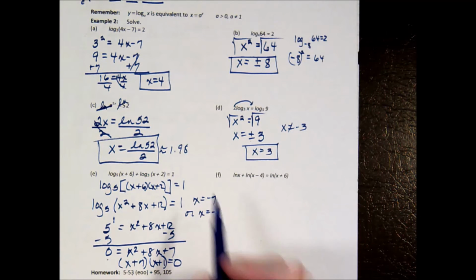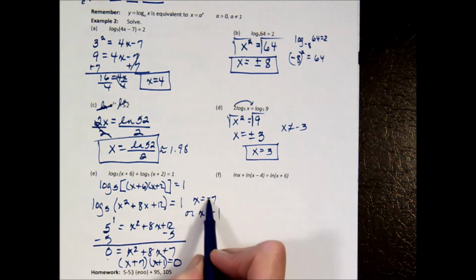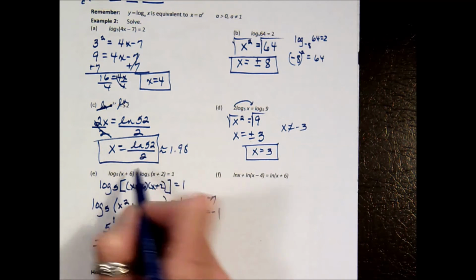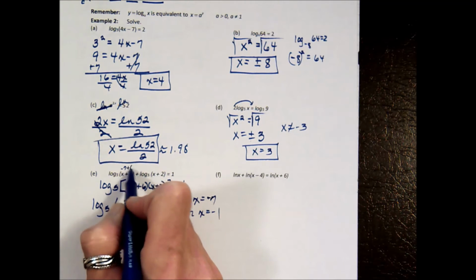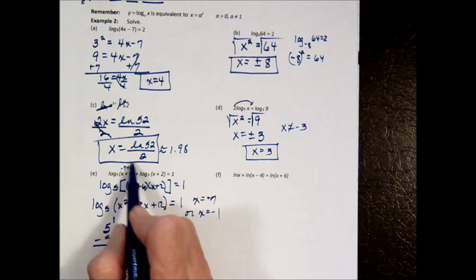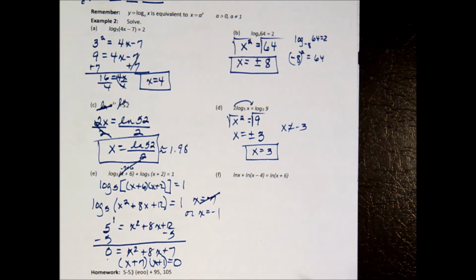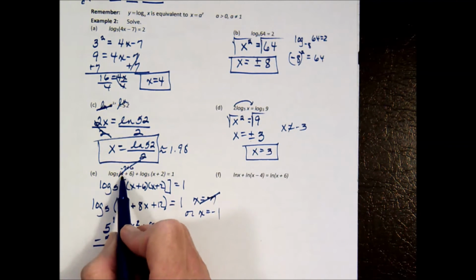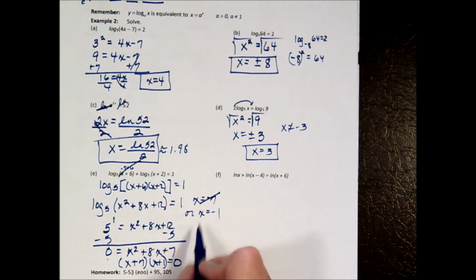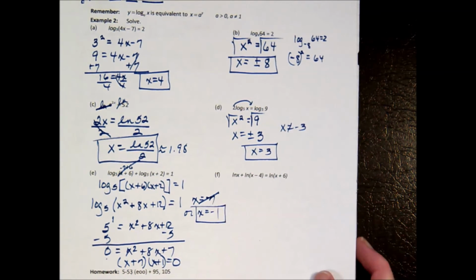Let's check negative 7. If I take negative 7 and I go back up here and I said negative 7 plus 6, I would be taking the log of something negative, and you can't. So I have to get rid of that. If I put in a negative 1, it's going to be fine in either spot. So x is only equal to negative 1.